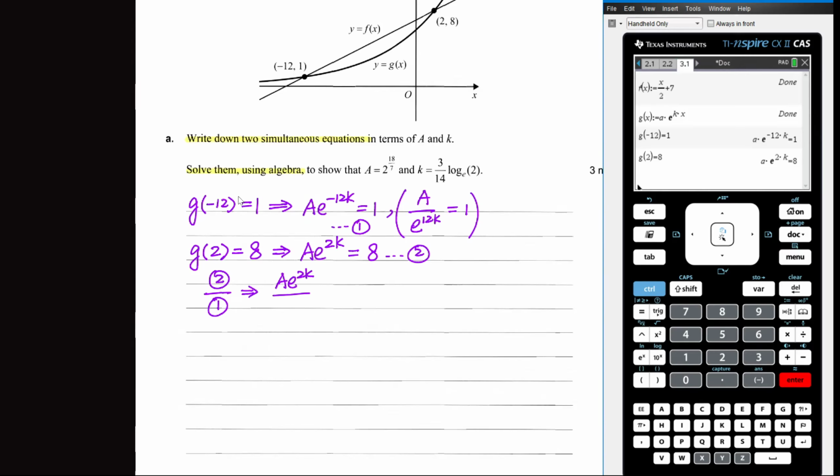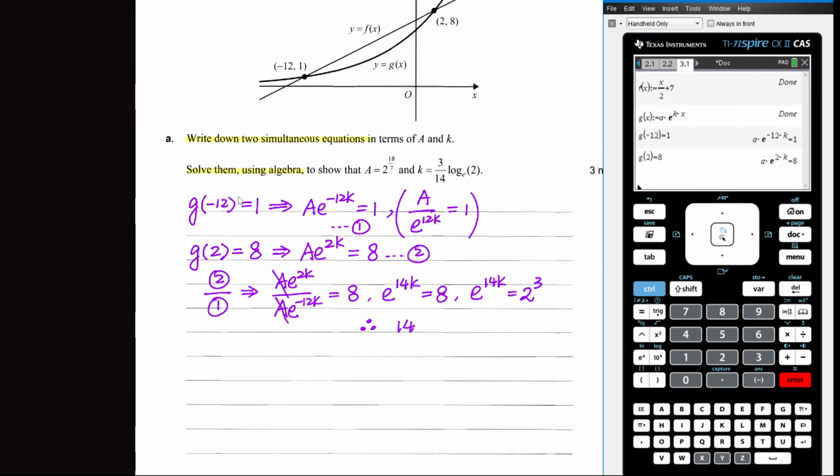a times e to the power 2k divided by a times e to the power minus 12k equals 8. Therefore, you can cancel the a's, and e to the power of 14k is equal to 8. Okay? And then we have e to the power 14k equals 2 to the power 3.